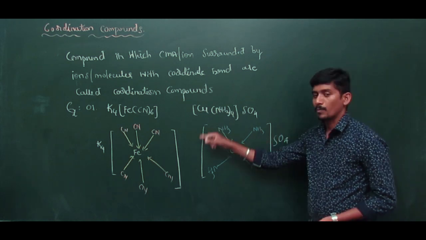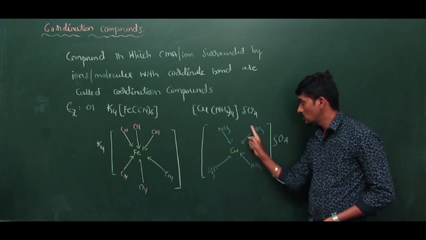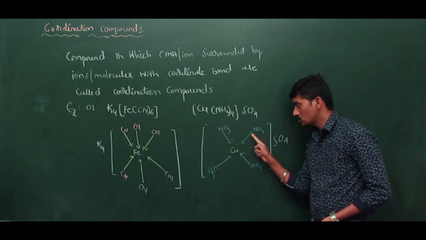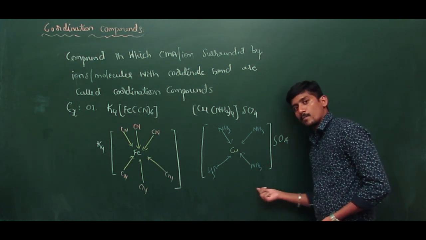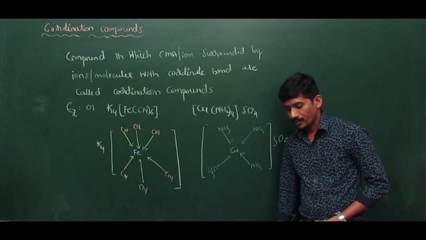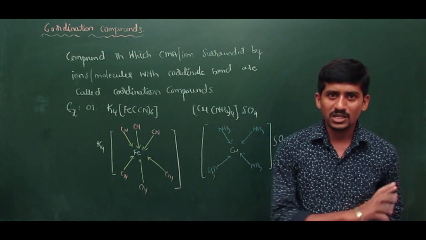Compound in which central metal atom is surrounded by molecules with coordinate bond. Hence, this compound is called a coordination compound. So, study of the coordination compounds is called coordination chemistry.